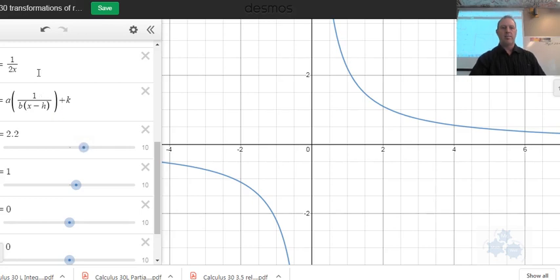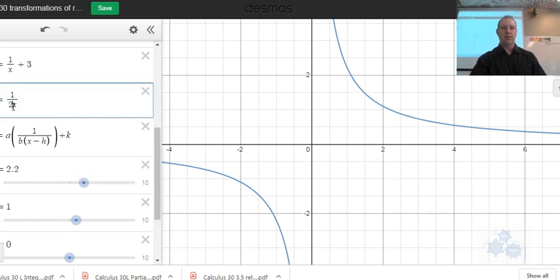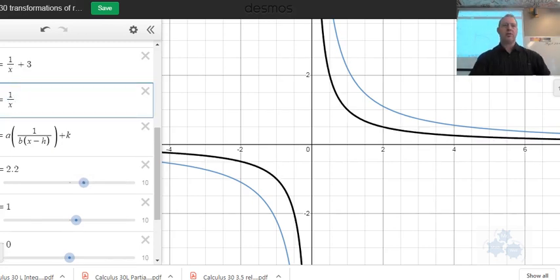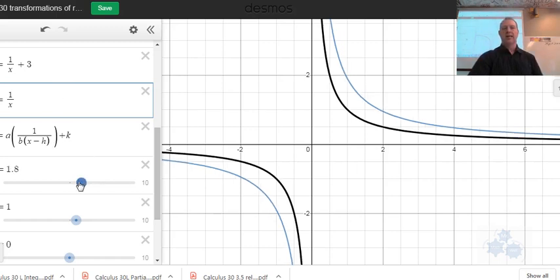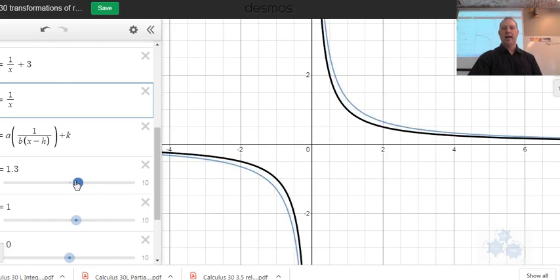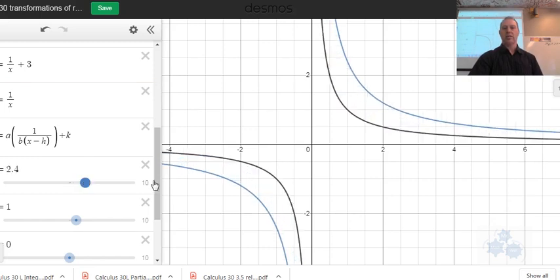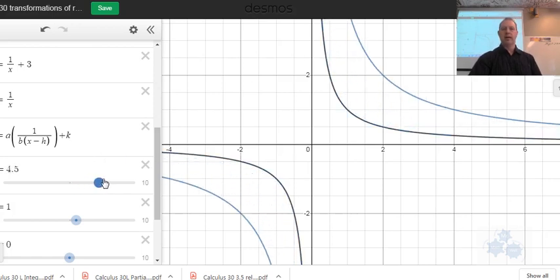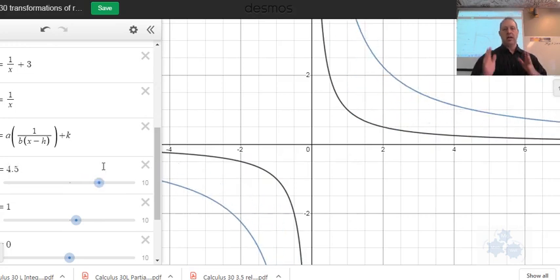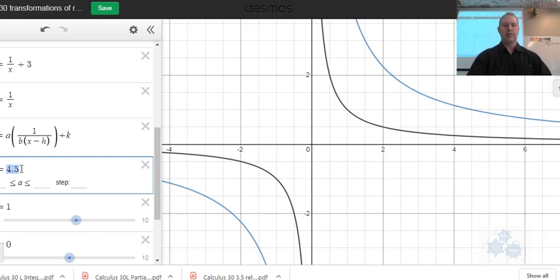Let me make this just 1 over x and light that up too. So the black is 1 over x. And as a gets larger, it pulls up and down, it stretches. Does that make sense? So it's a vertical stretch.